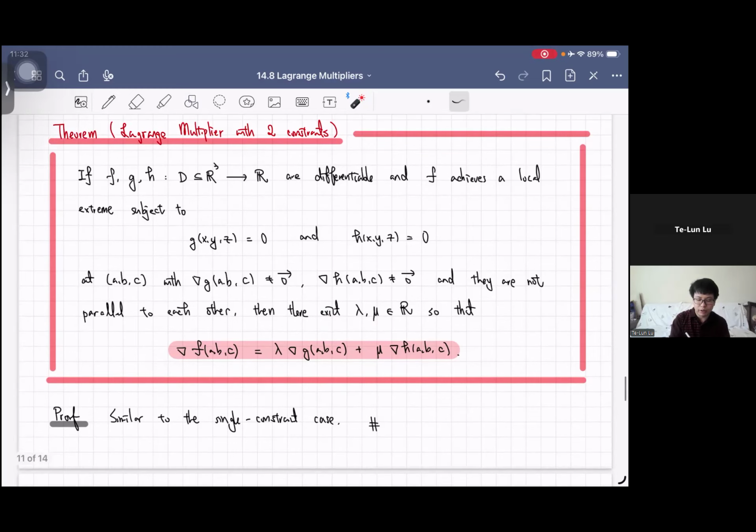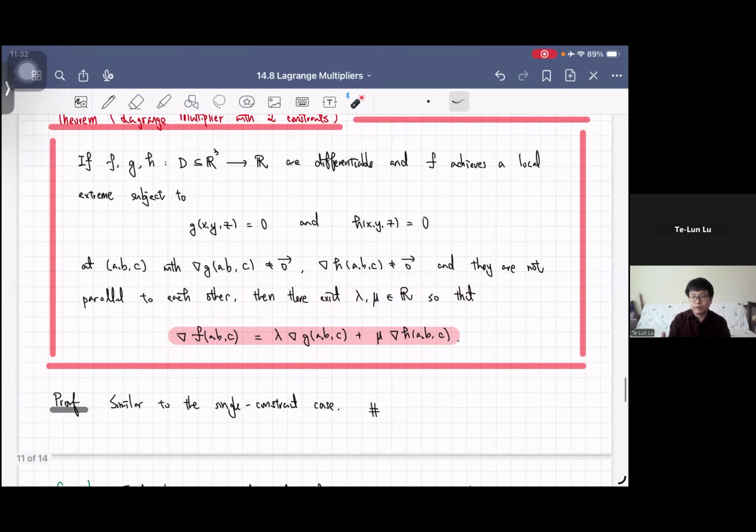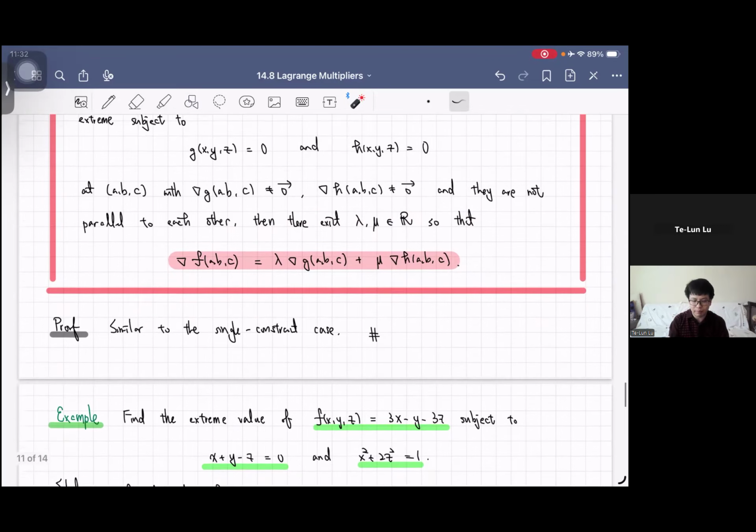This also provides you an equation to solve for x, y and z, right? The proof is similar to the previous Lagrangian theorem, so I won't go through that, but let us start with the example.